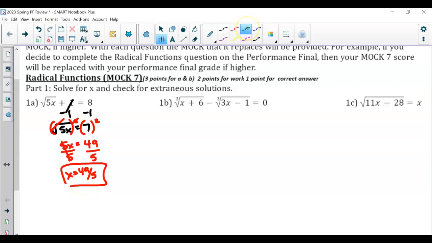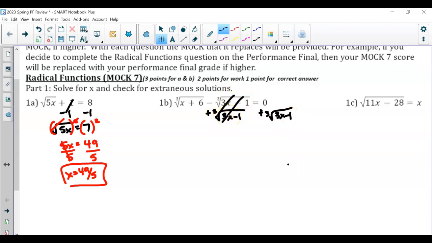Now here, notice how we can't do anything yet because the cubed roots are on the same side of the equation. We need to move that 1 over that's being subtracted. So we're going to add this cubed root here to both sides so that we can set them equal to each other.